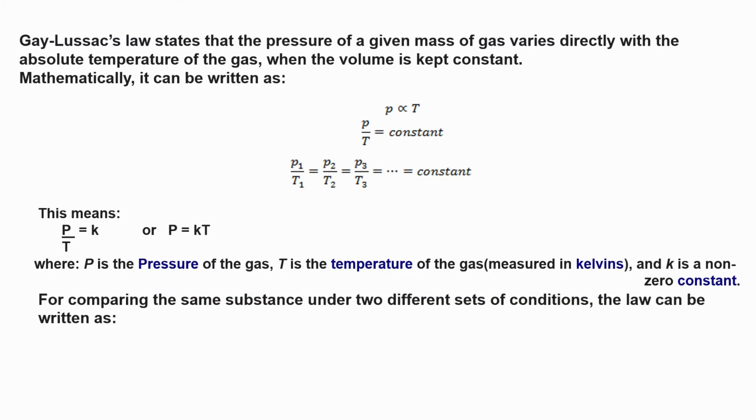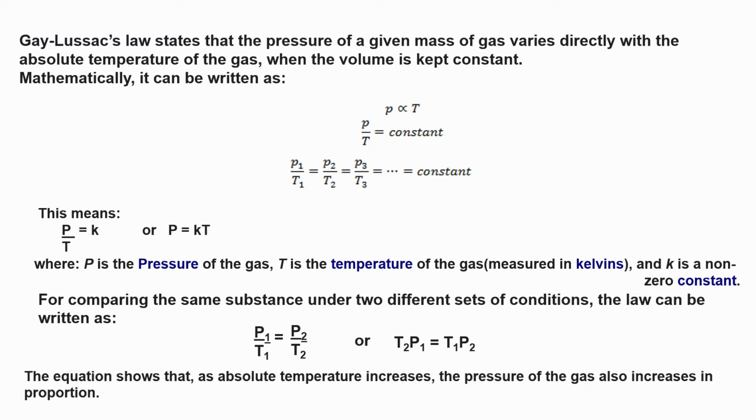For comparing the same substance under two different sets of conditions, the law can be written as P1 over T1 is equal to P2 over T2, or we may simplify the formula by writing T2 times P1 is equal to T1 times P2.